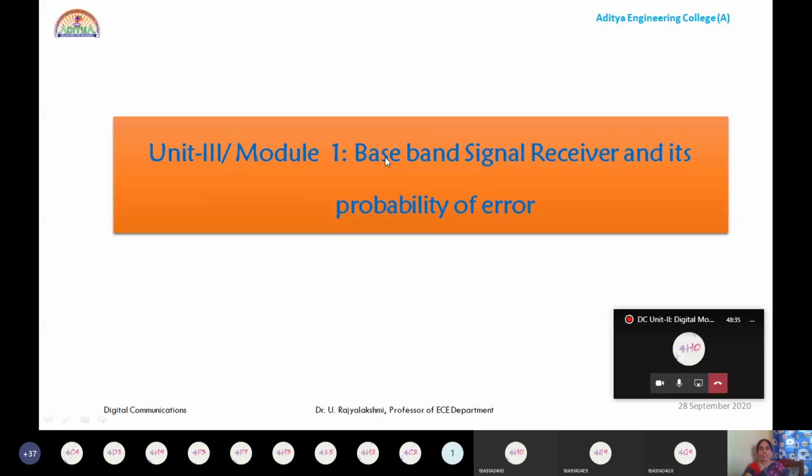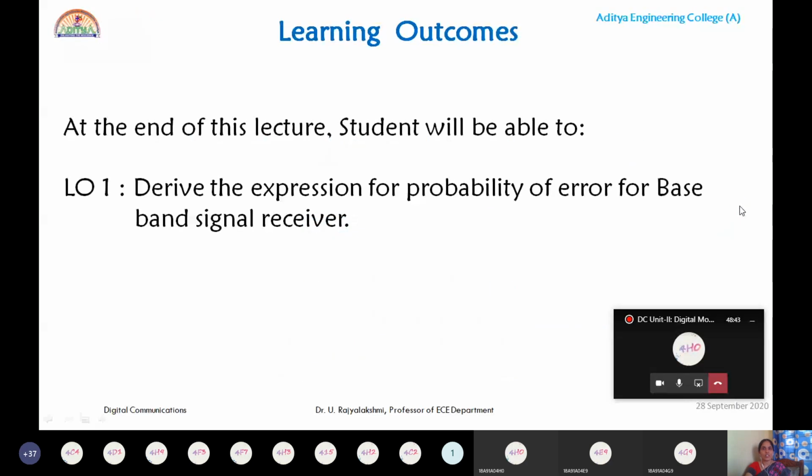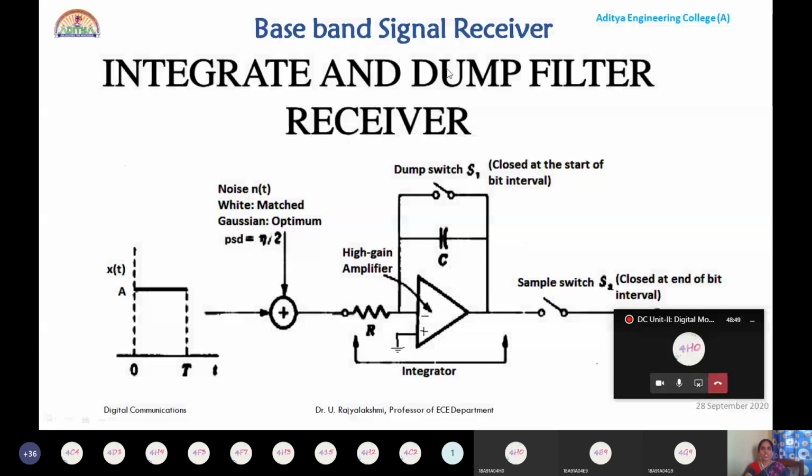So our first module will be the baseband signal receiver and its probability of error. Here we'll calculate the probability of error for the baseband signal receiver. This is the general baseband signal receiver used for regular purposes.